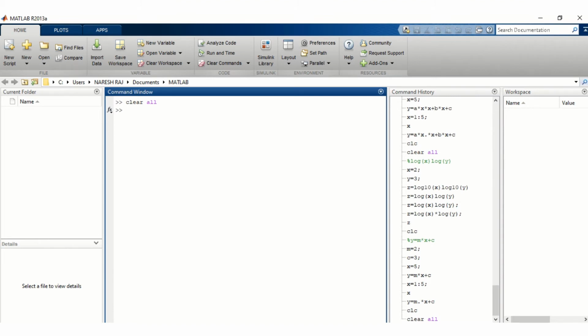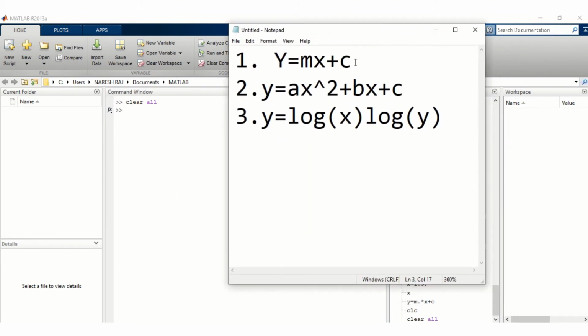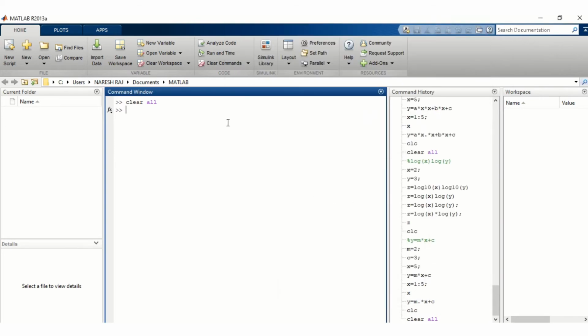So our second equation is y equals ax square plus bx plus c. Let's see. First write the equation in the command line: y equals a x square plus bx plus c.